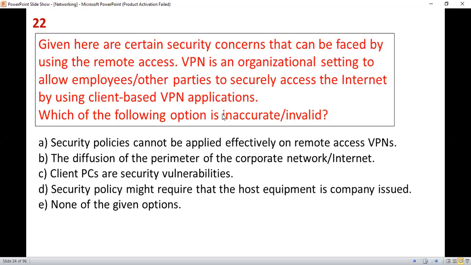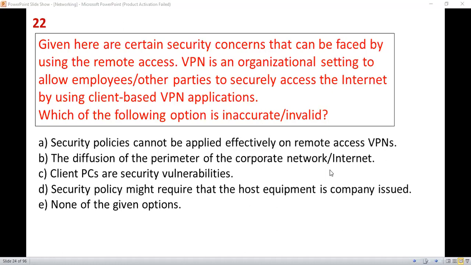Which option is inaccurate or invalid when we are using a client-based VPN application on a remote basis? Have you any idea? See, when we are diffusing the perimeter of the corporate network, then we can face the inaccurate option. Answer will be B, the diffusion of the perimeter of the corporate network and internet.